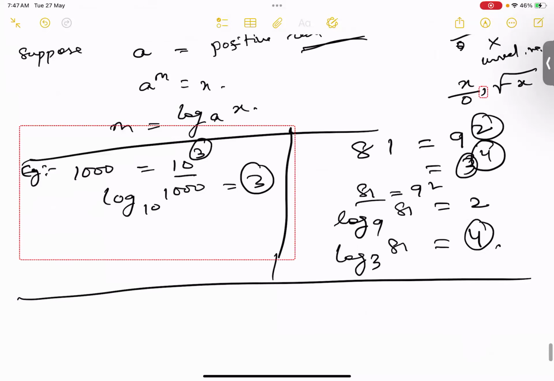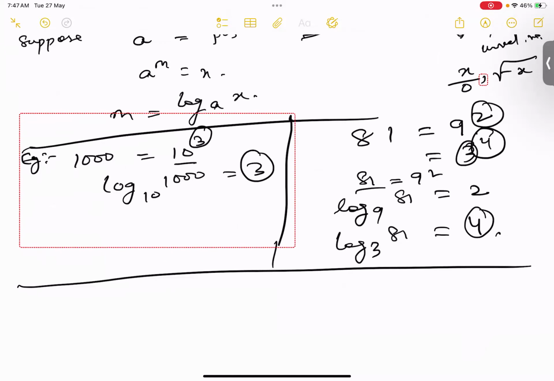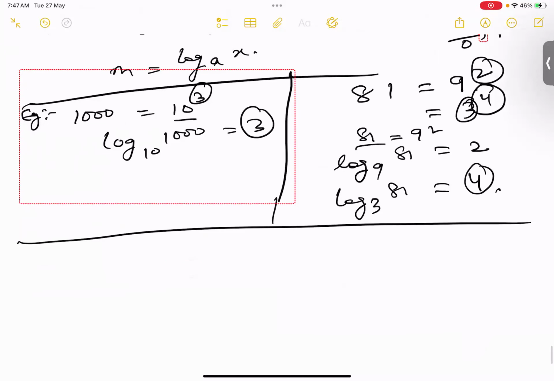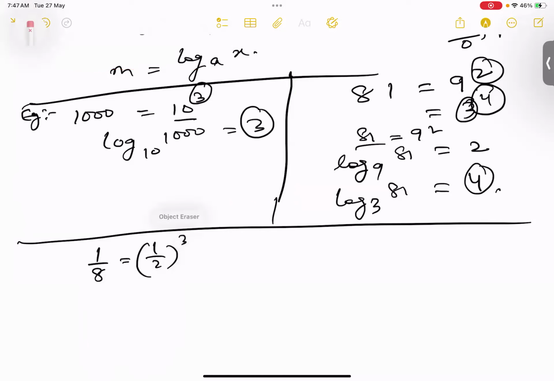I don't want to complicate this topic. So this is what the logarithm is: the logarithm gives the value of the power. And it's even applicable to fractions. Now we have a number, say 1 by 8. So 1 by 8 is 1 over 2 to the power 3, which means it's 2 to the power minus 3.